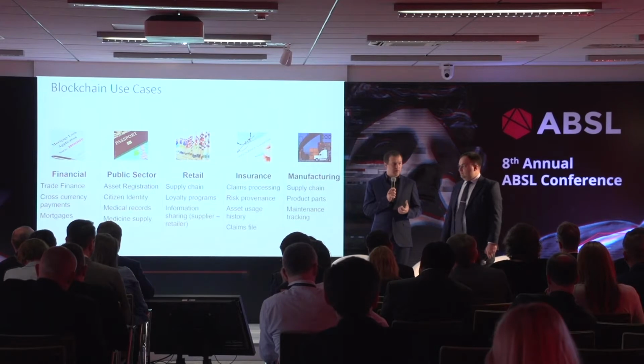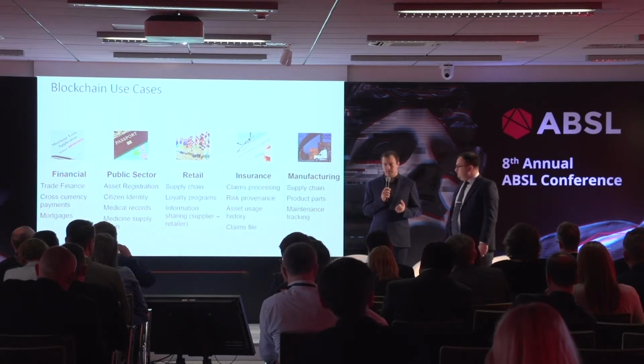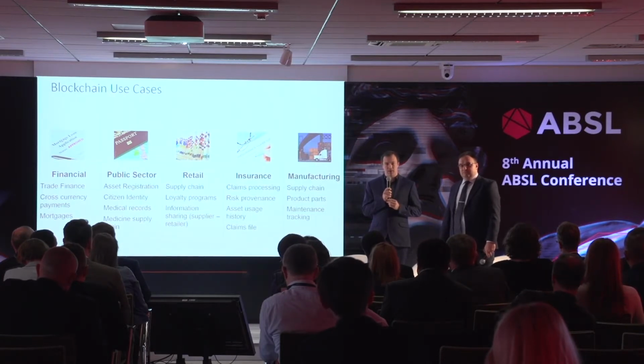One example may be from diamonds. Blockchain is also used in the diamond industry. From the beginning, when you mine a diamond, you don't want it to be from theft or illegally mined.